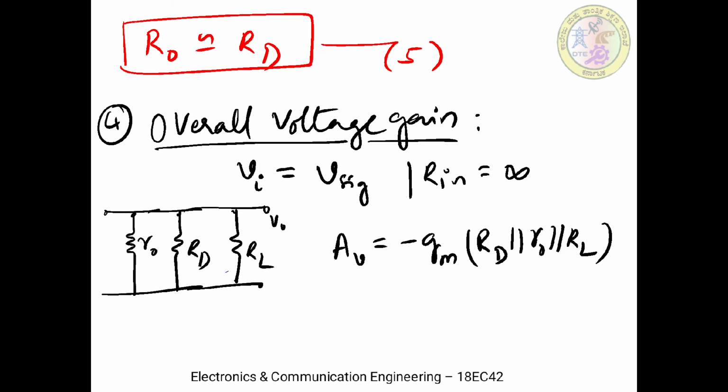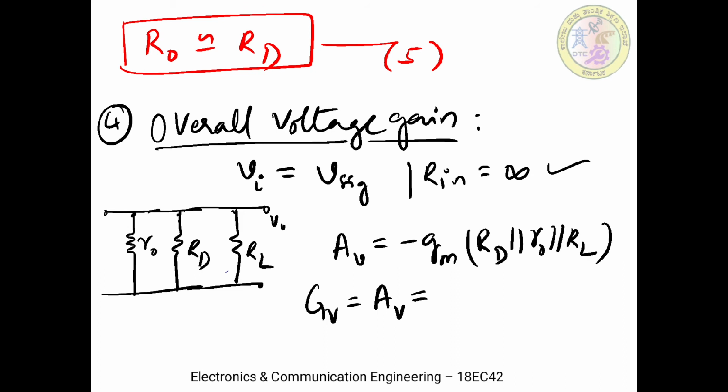Now with Vi equal to VSIG, the overall voltage gain GV will be equal to AV only, because as Rin is infinite, there is no loss in Vi. Vi is the same as VSIG.